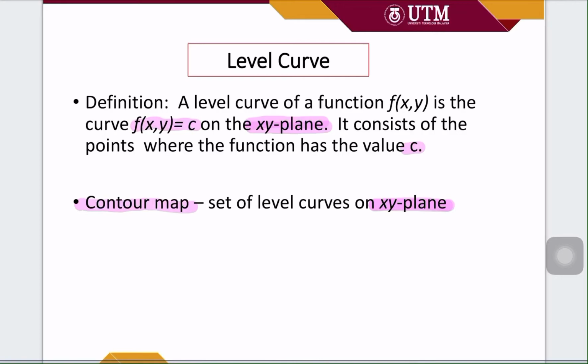For example, with x, y, and z, let's say we have one level curve, then two, and then three level curves on this xy plane. We call this a contour map: a set of level curves is called a contour map.